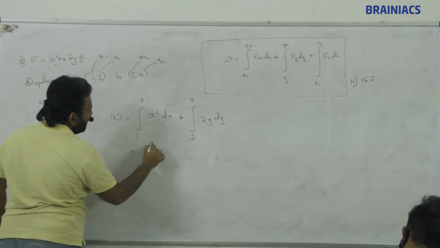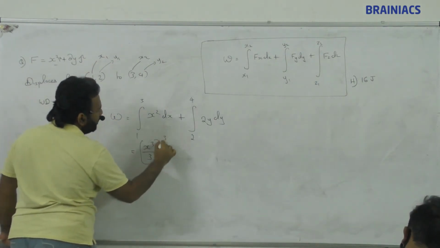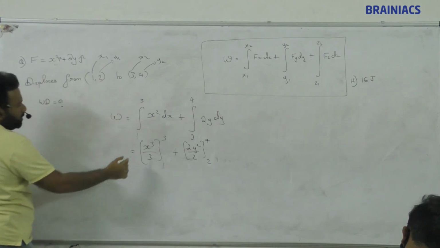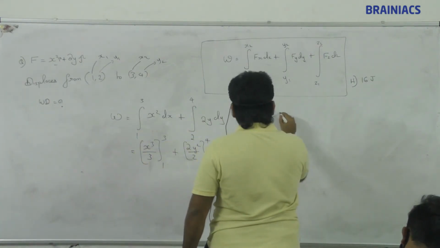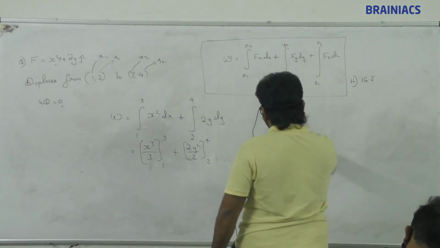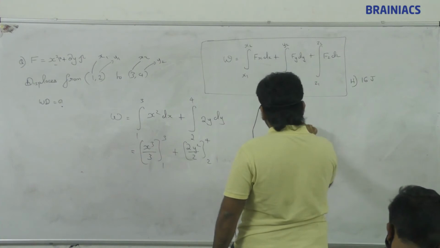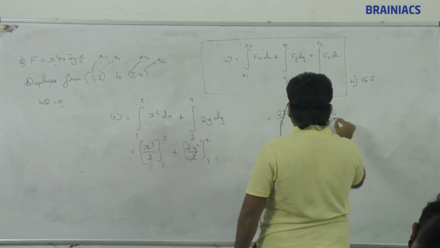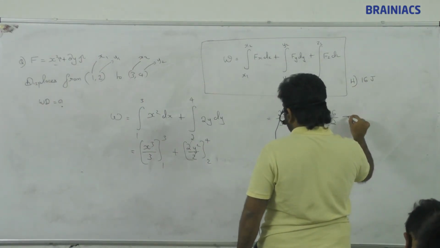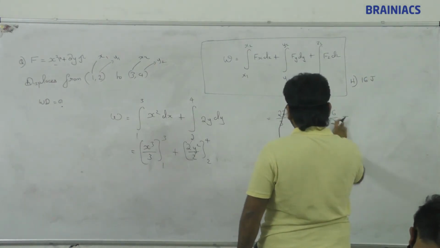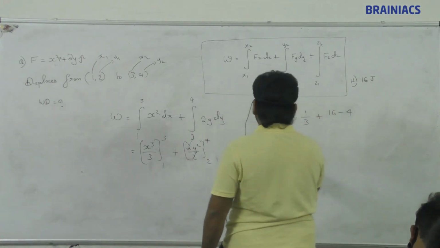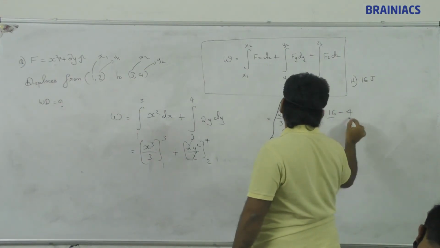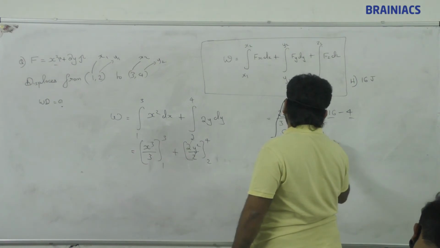So integrate this: x cube by 3 with limits 1 to 3, plus 2y square by 2 with limits 2 to 4. Simplifying, this is 27 by 3 minus 1 by 3 plus 16 by 2 minus 4 by 2, which is 16 minus 4, that is 12. So 9 plus 12 minus 1 by 3.